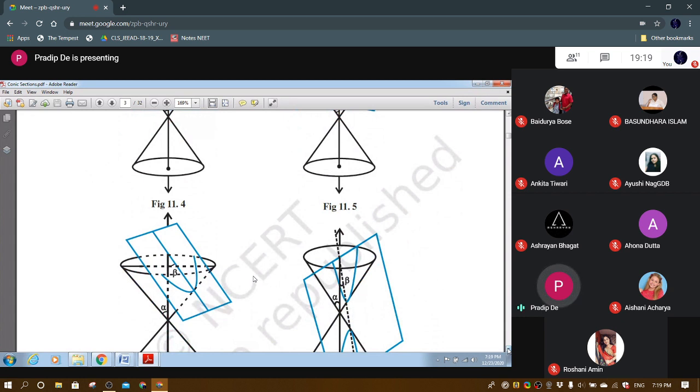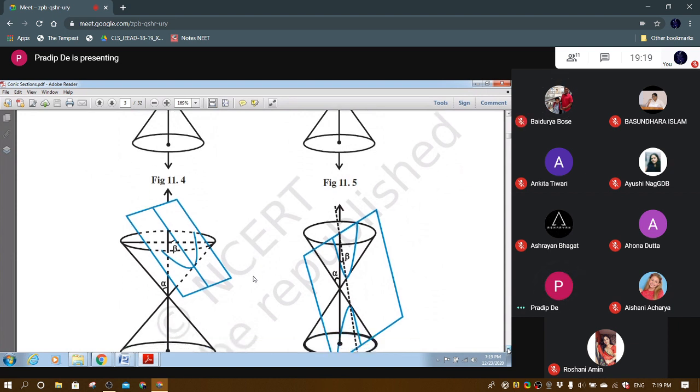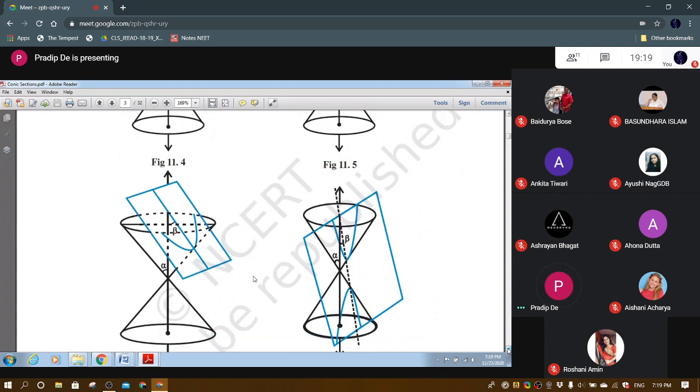Beta is equal to alpha and you get a parabola. Understood? And in the fourth case, beta is less than alpha and it cuts both the naps and you get a hyperbola. Clear? Absolutely, sir.